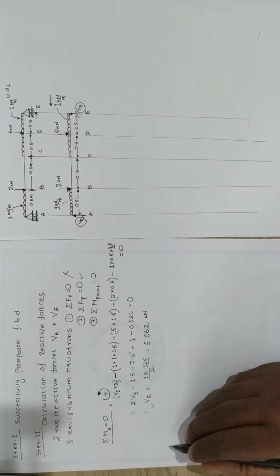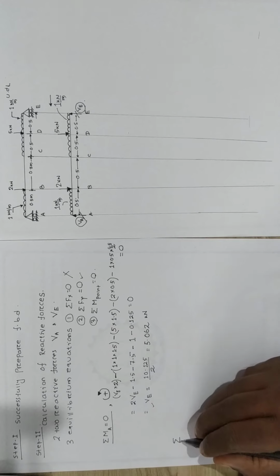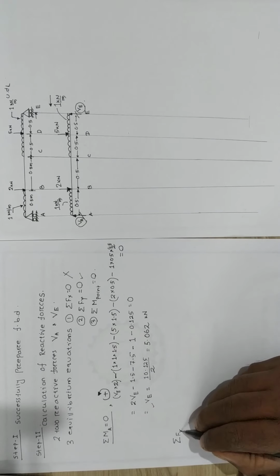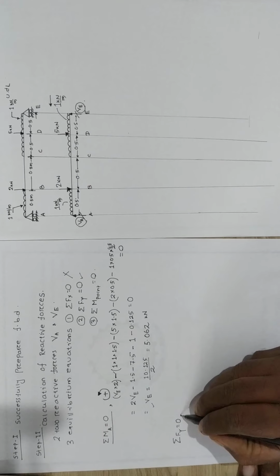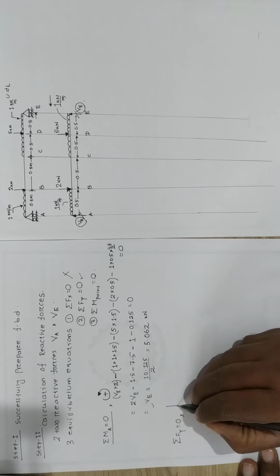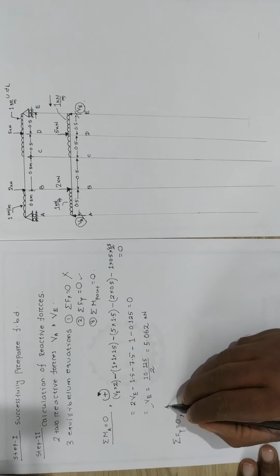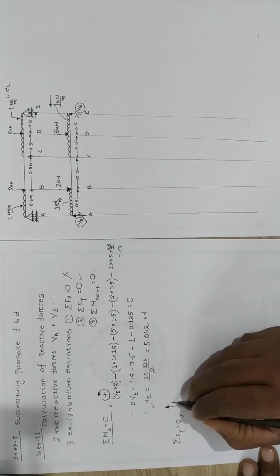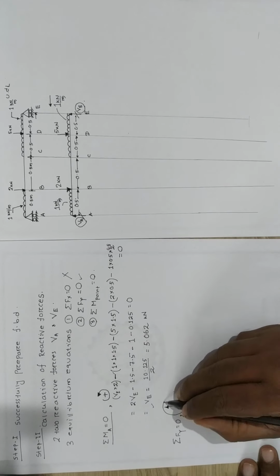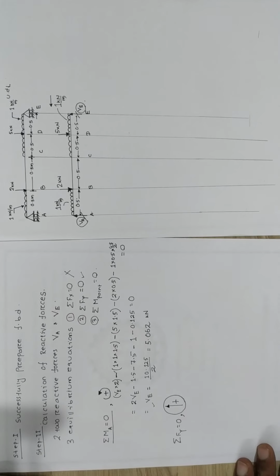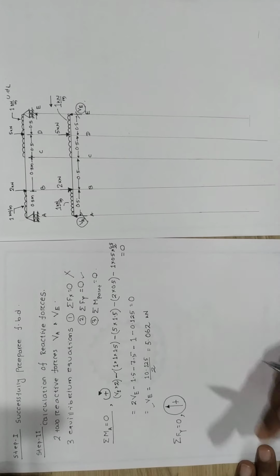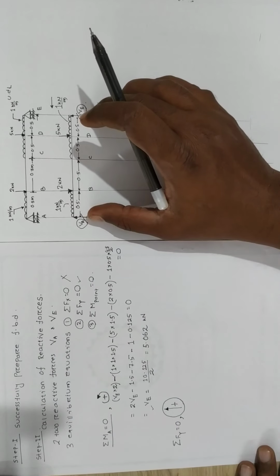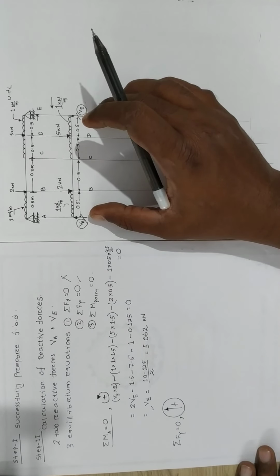As we get this vertical reaction force, we can now calculate the vertical reaction force at A. So now I will apply the equilibrium equation, summation of Fy equal to 0. And the sign convention here: I will take all forces along the vertically upward direction as positive. So what are the upward direction forces? These two only, VA and VE, are directed vertically upward.